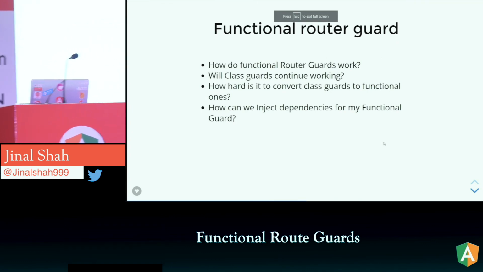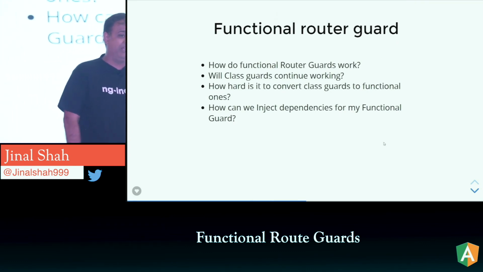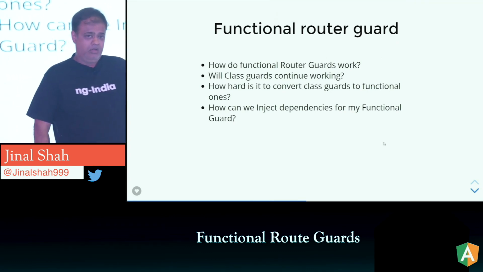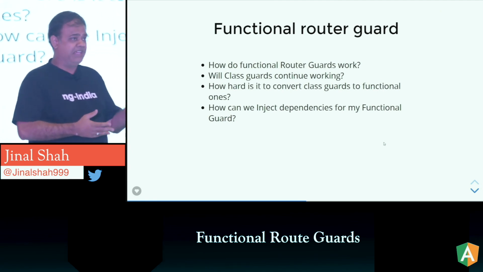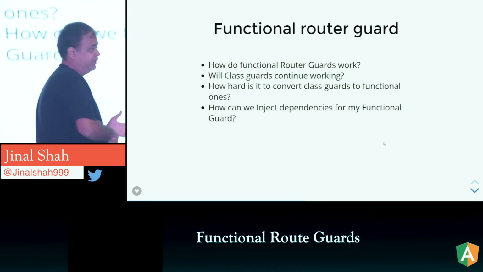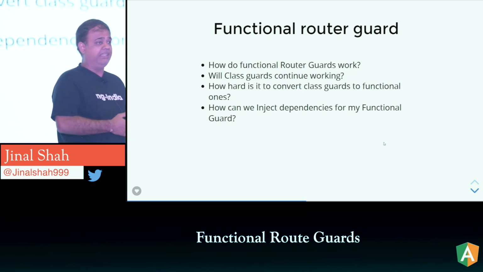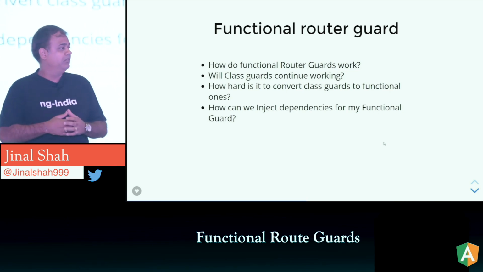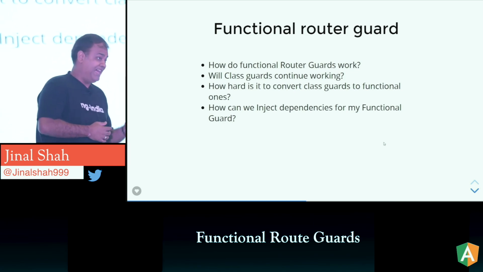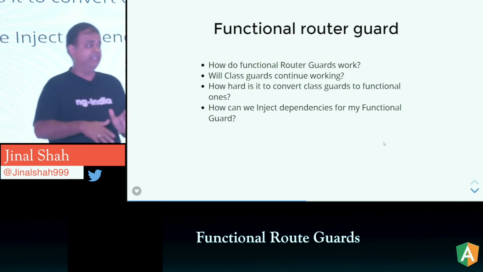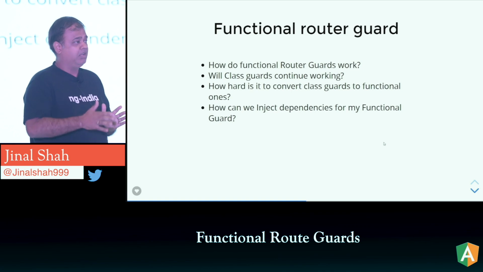Functional route guard. So before we start, you might have a few questions. How will it work? The class guard, which you guys might know already, will continue to work, but it will not be working anymore with the class component.